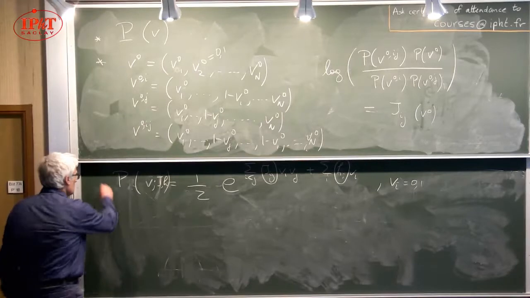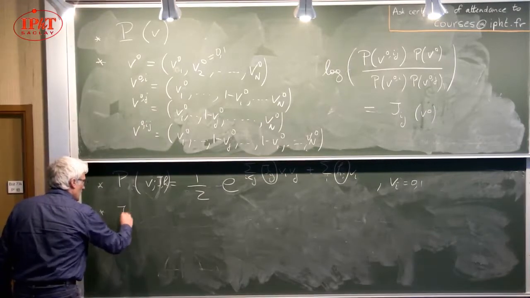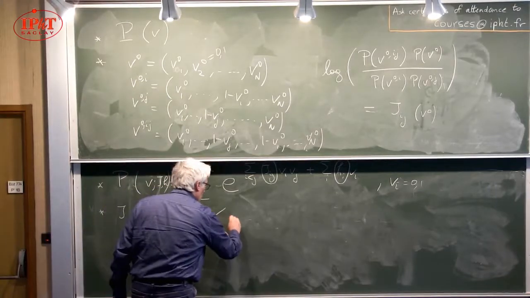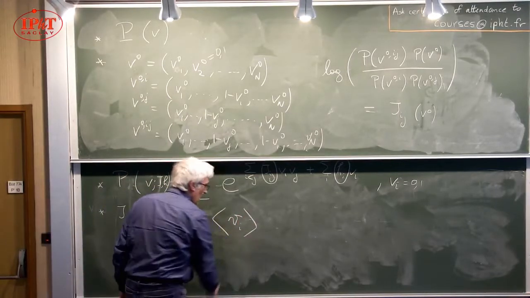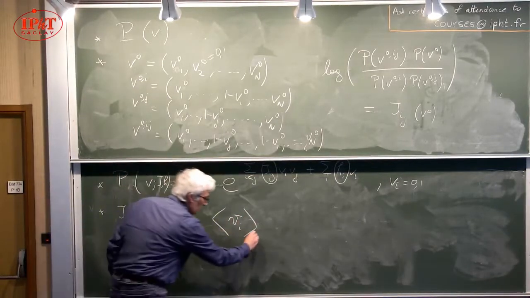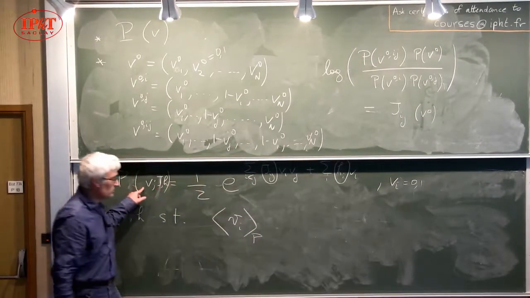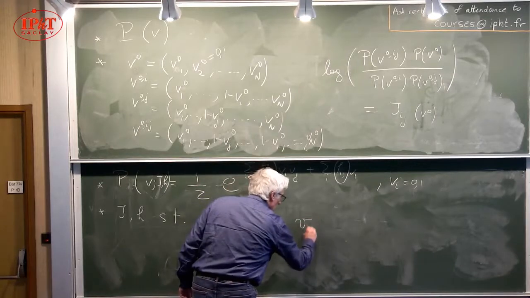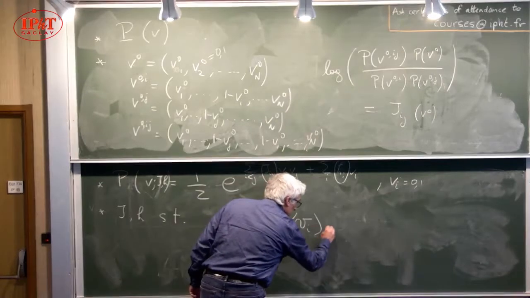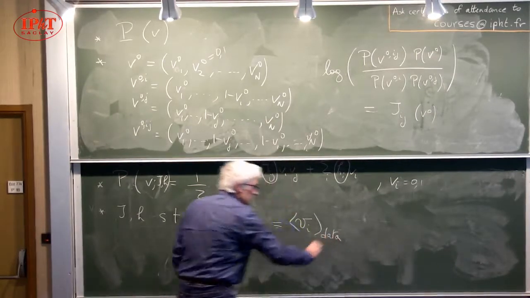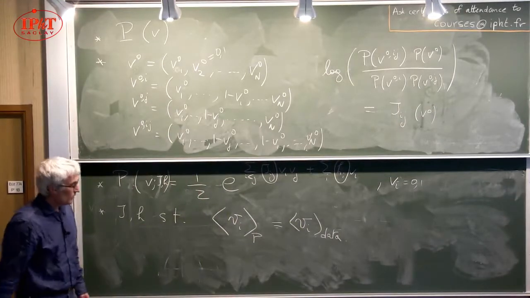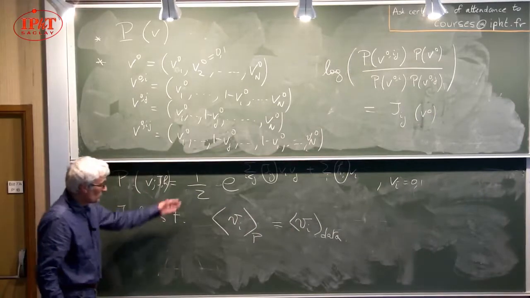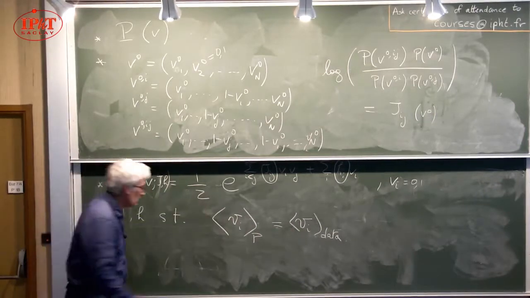So what we want to do is actually find J and H such that if I compute, for instance, the average value of Vi on the distribution P, which depends on J and H, then this will match the value of Vi computed on the data. So I assume I have some data which allow me to compute this first moment, and then I would like to be able to compute this, and they should match.